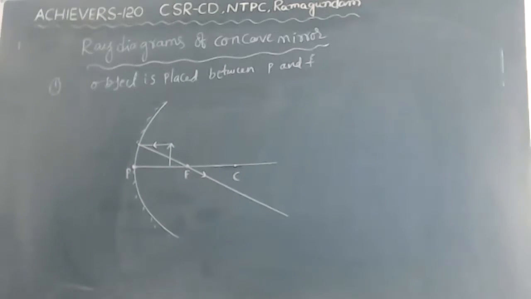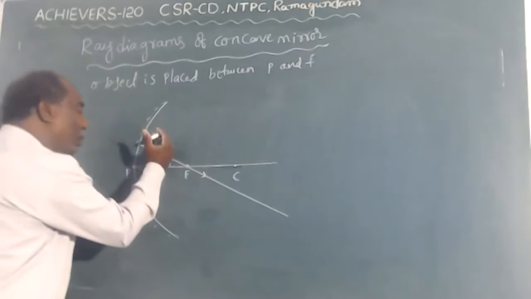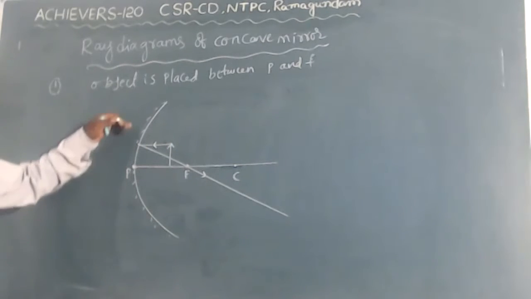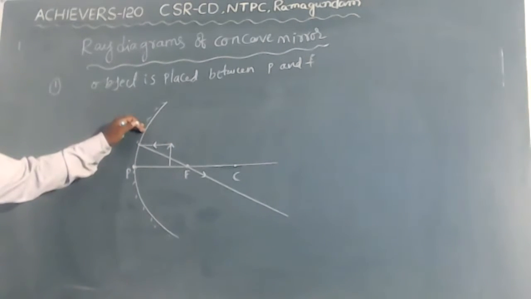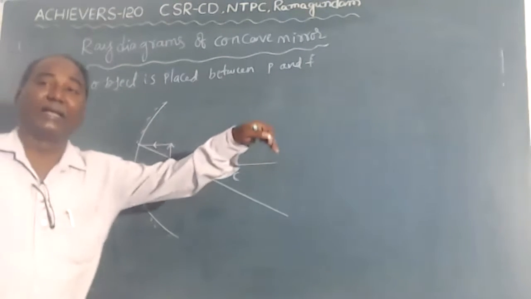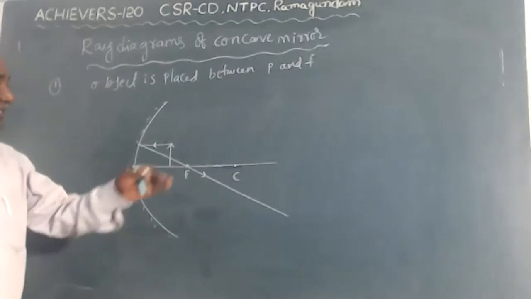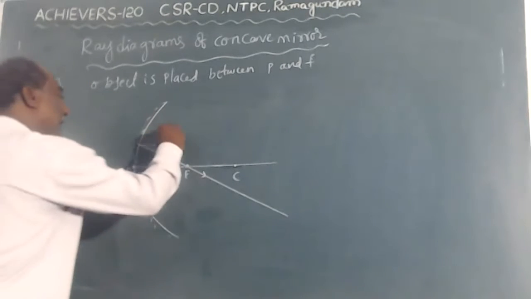And now the second ray, R2, is very difficult to draw here because the object is very close to the mirror. That's why we have to use R3 here. R3 means the ray passes through the center of curvature and comes back on the same path, reflecting on the same path.